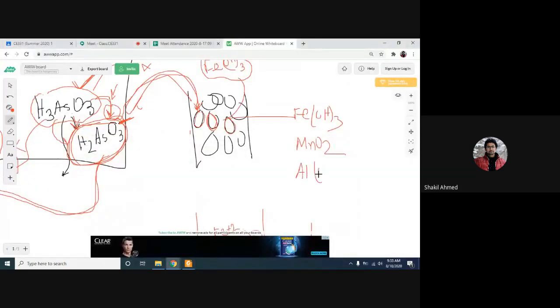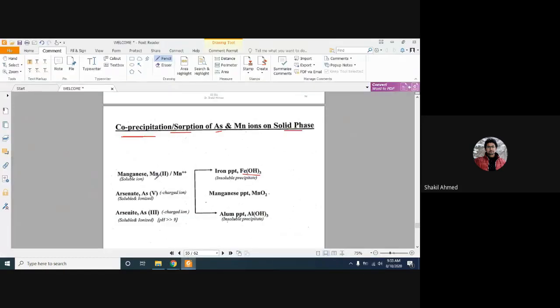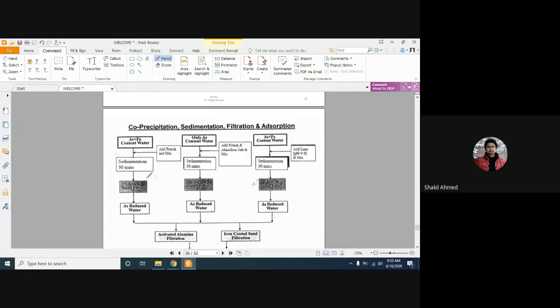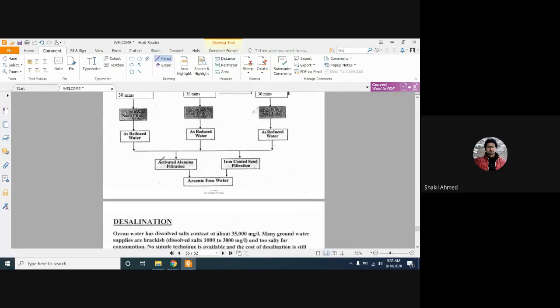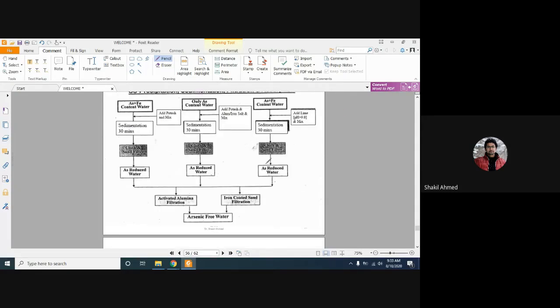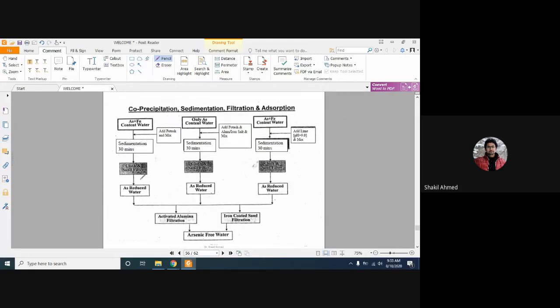These all act as catalytic or adsorbent, which can adsorb manganese ion, arsenate ion, negative charge of course, arsenite ion, of course negative charged. So this is also just the steps of how you can co-precipitate these things.